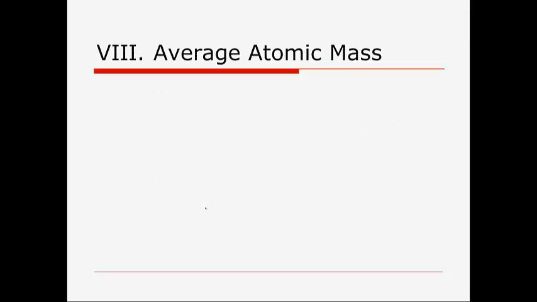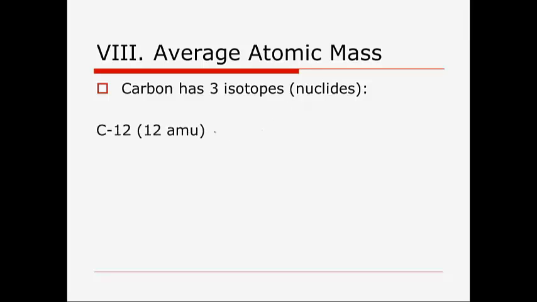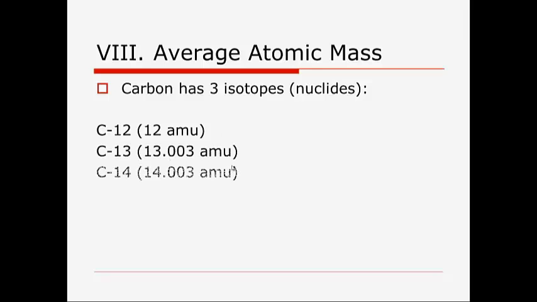Now the average atomic mass. Carbon has 3 isotopes, or 3 nuclides. Carbon-12, which you know weighs exactly 12 AMUs. Carbon-13, we just calculated, weighs 13.003 AMUs. Carbon-14, 14.003 AMUs.